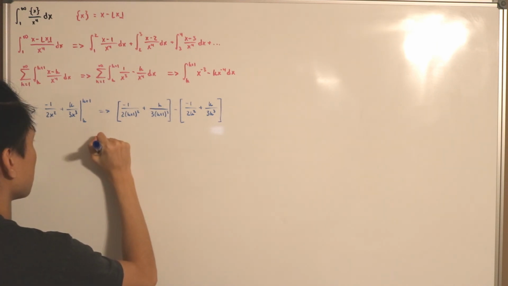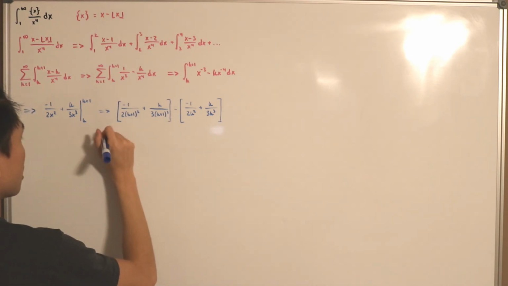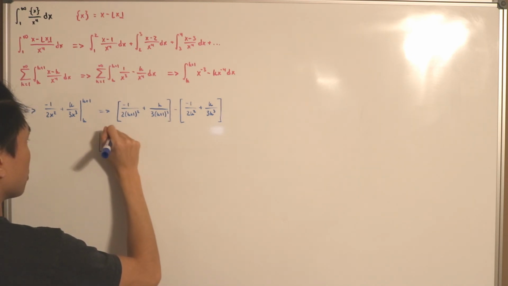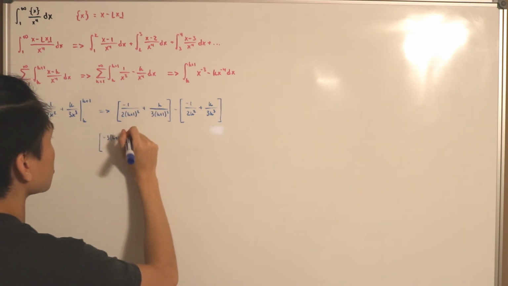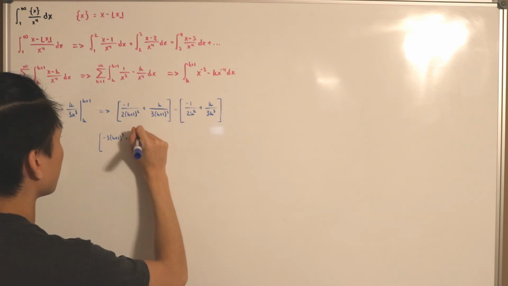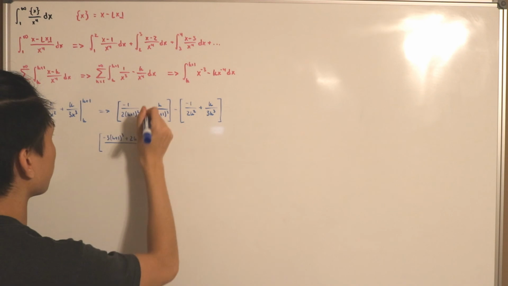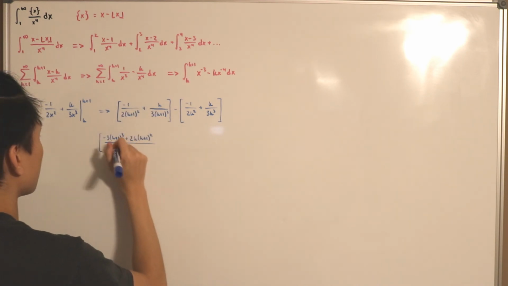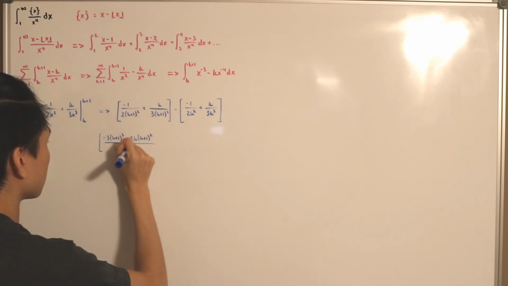So if I multiply, this is negative 3 times k plus 1 cubed, then plus 2k times k plus 1 squared, and this is being divided by 2 times 3, so that's 6, and they have the same base, so this is k plus 1 to the 5th.